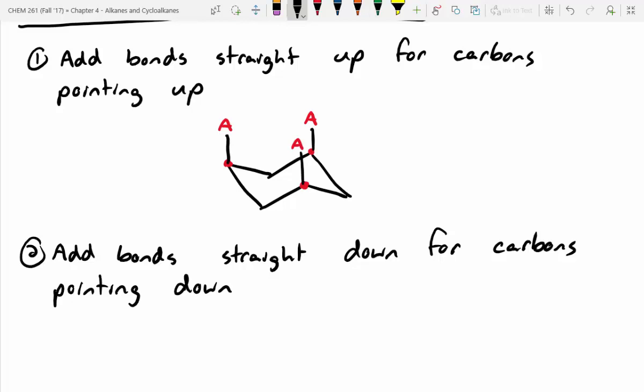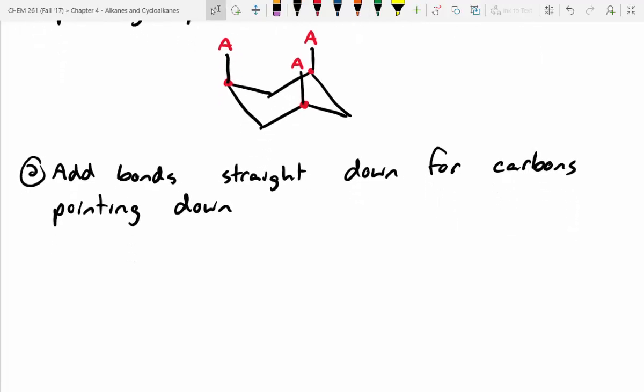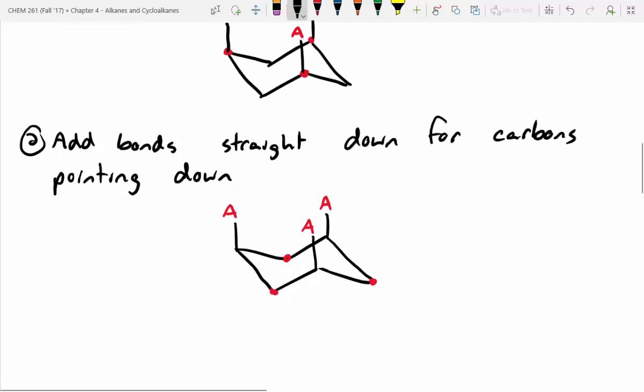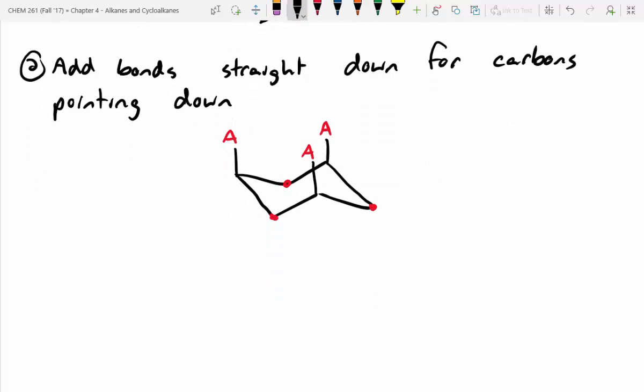Okay, so let's try to redraw this real quick. So we already had these groups up here pointed up, so I'll draw in all of these positions. But now if we want to identify carbons pointing down, it's basically going to be those other carbons, right? So for example, this carbon, I'll draw a bond straight down, this one straight down.